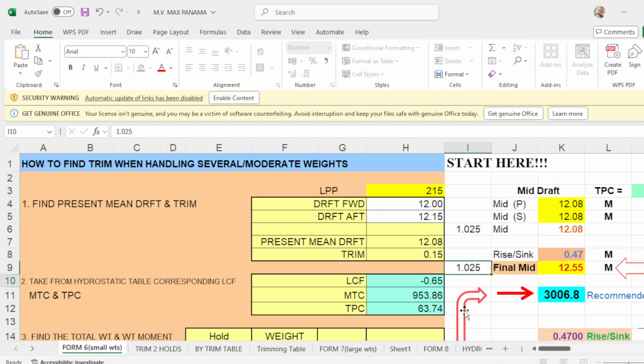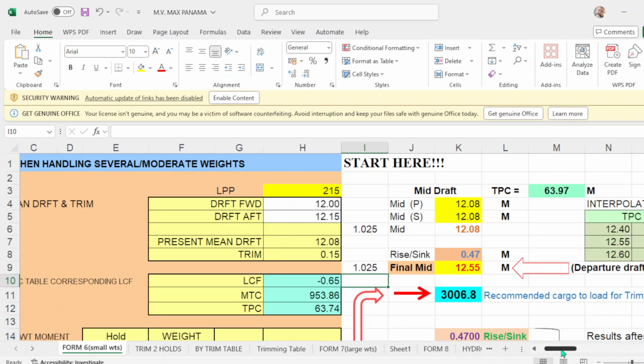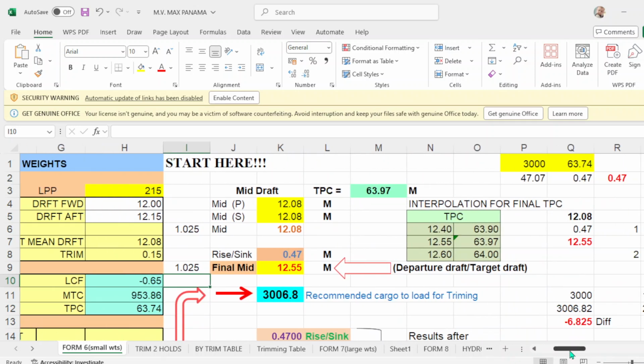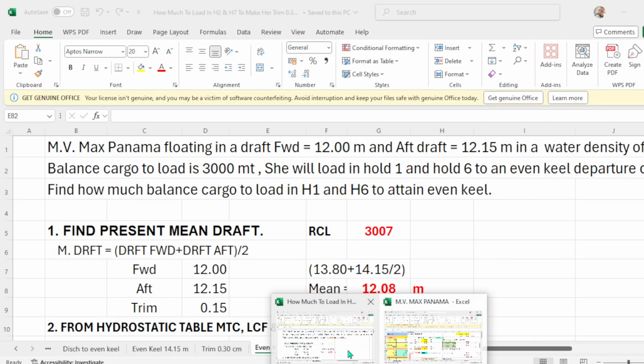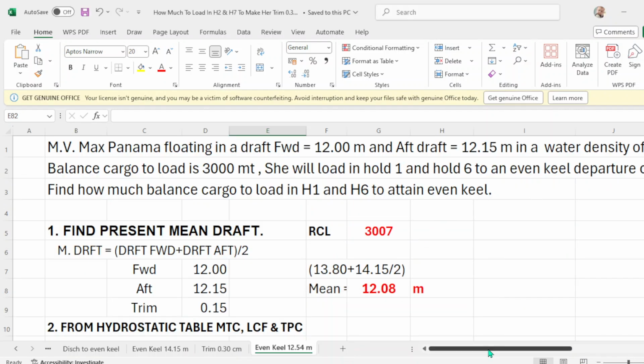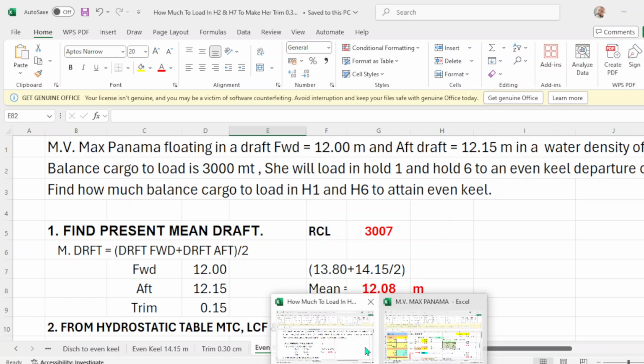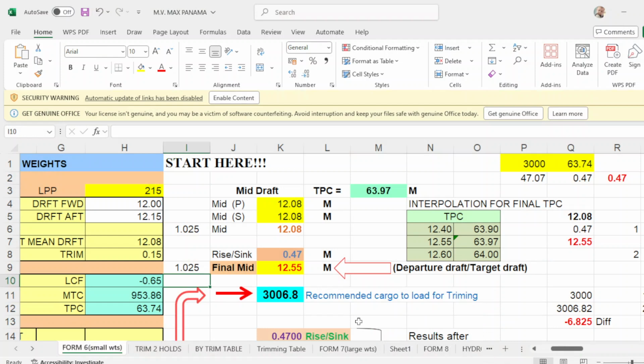According to the problem, the cargo remaining to load is 3,000 metric tons. But here, we don't know yet our departure draft.